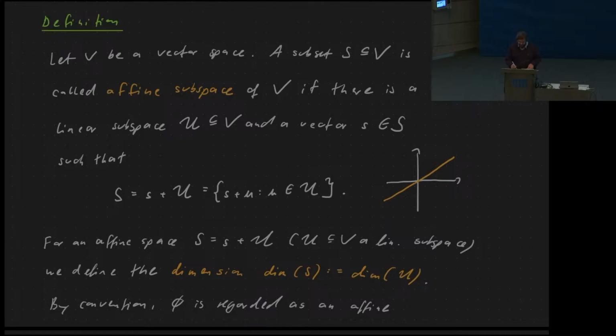And translation basically means we get a line that is parallel to this one. For example, in this case, this here might be our vector s. This is our space U. So the blue thing, that is s plus U. For every point on U, we just add that s. So we translate every point in the same way, and we just get a translated line.